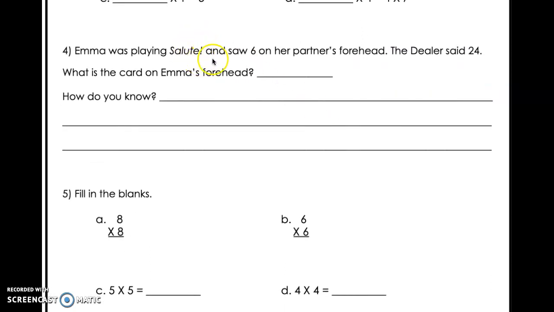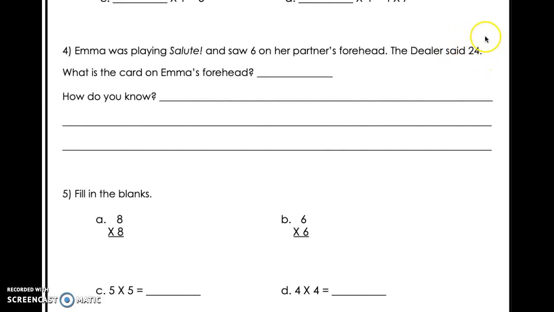Emma was playing Salute and saw 6 on her partner's forehead. The dealer said 24. What is the card on Emma's forehead? Now, some of you got confused with this. Salute is a game that we play. So basically, they're saying 6 times what is 24? The dealer is telling you the answer to the multiplication problem.